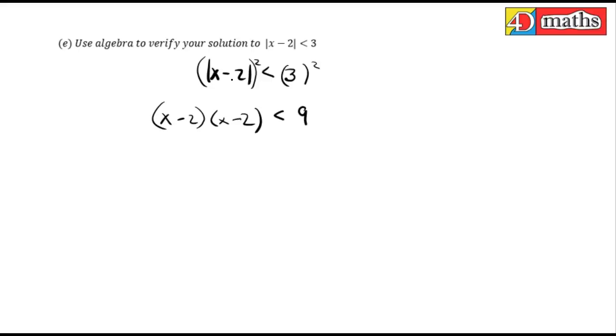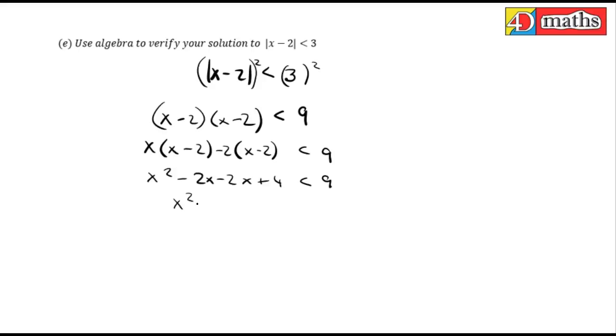By doing this, I ensure that this is positive. Multiplying out, that works out to be x squared minus 2x minus 2x plus 4 less than 9, which is x squared minus 4x plus 4. I'm going to bring the 9 across: minus 9 less than 0. x squared minus 4x minus 5 less than 0.